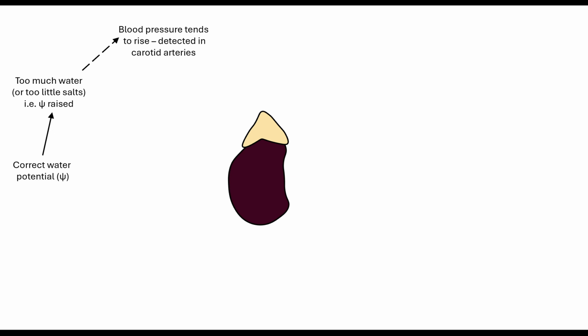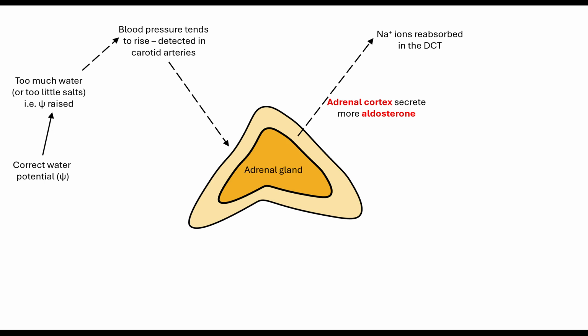They're then going to have to signal to the adrenal gland, which is found at the top of the kidneys. What will then happen is the adrenal cortex is going to secrete the hormone aldosterone.